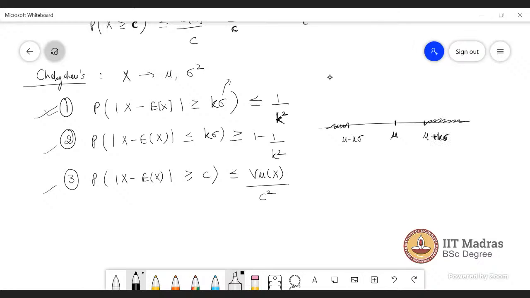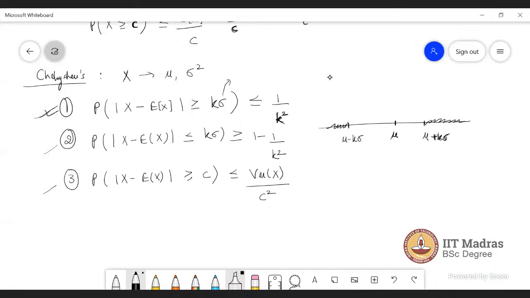The probability that your random variable lies beyond this range is going to be less than or equal to 1 upon k square. So this first inequality gives you the upper bound.